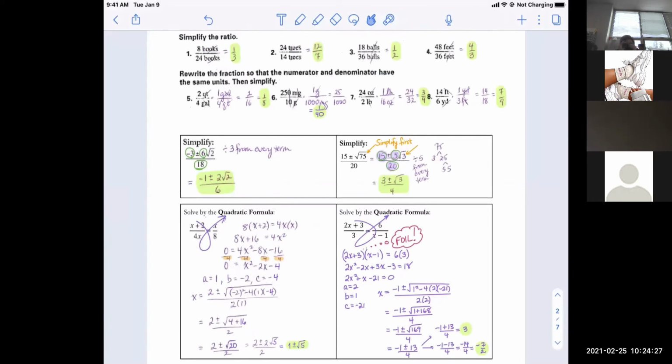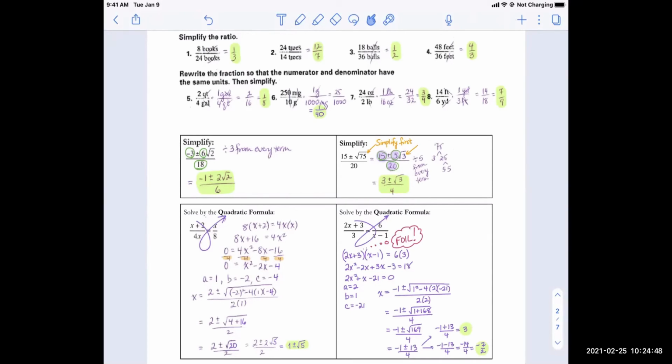Okay, for the second quadratic formula problem, did you remember you have to FOIL when you have 2 binomials you're multiplying? So when you multiply the 2x plus 3 and the x minus 1, those need to get FOILed out. So 2x plus 3 times x minus 1 means you distribute.